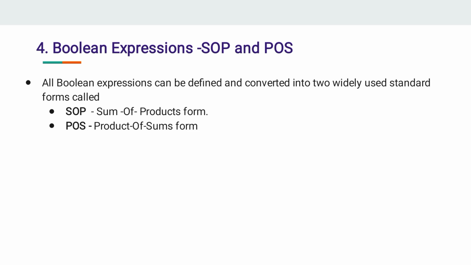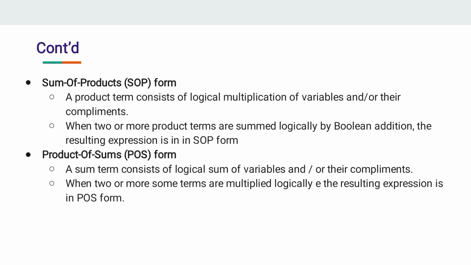First we have to take the product, and the result of that product is going to be summed. Or you can go for the second standard form, POS, nothing but product of sums, where you first do the sum, then go for the product of those sums. So those are the two main standard forms of a Boolean expression.